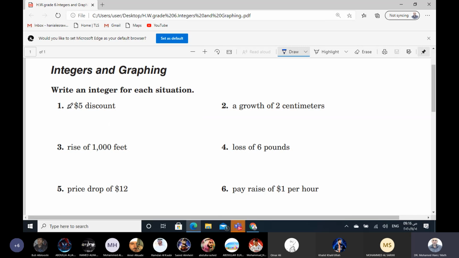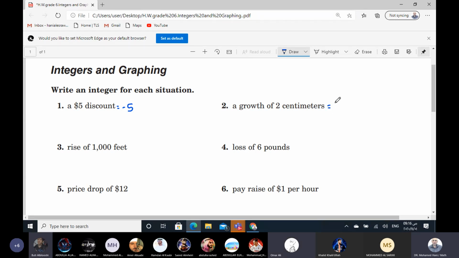The first exercise here, a $5 discount. What's the meaning of discount? Positive number here or negative number? Negative. Excellent. So minus 5. Great. The second example, a growth of 2 centimeters. A growth, so positive number or negative number?